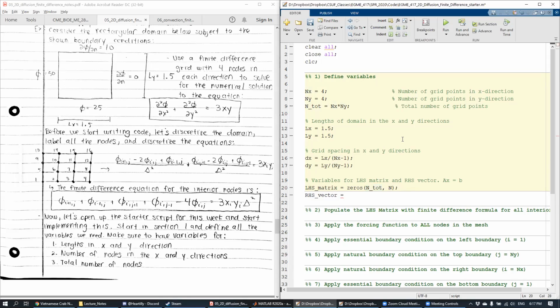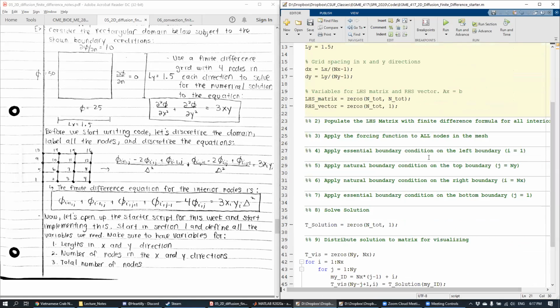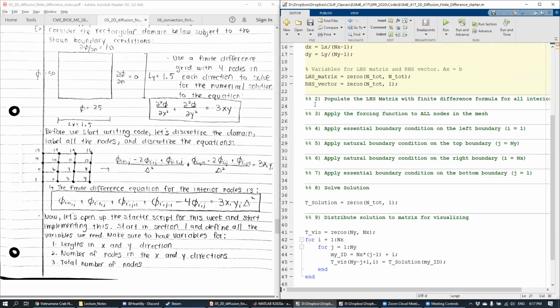And so we want one equation per node. Okay, and then the right-hand side vector here will be n total by 1. Okay, because those are going to be all the right-hand side values.